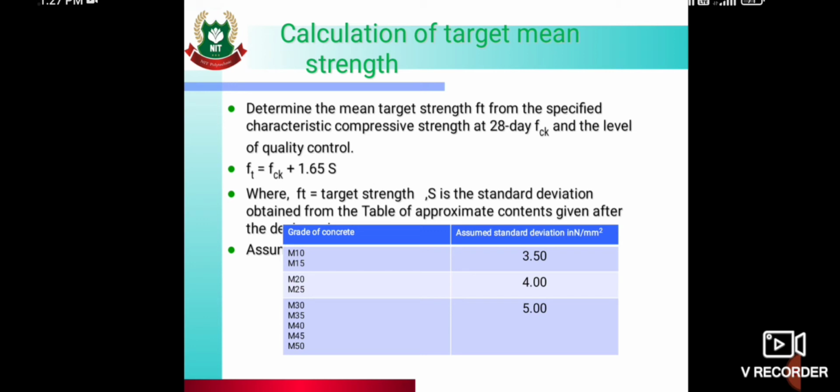For M10 and M15 the value is 3.50. For M20 and M25 the value is 4. From M30 to M50 the value is 5. So according to the grade of concrete given for designing, we have to select the value of S.